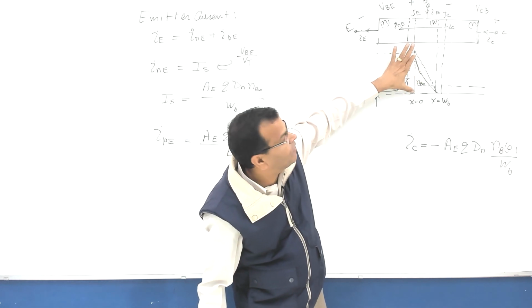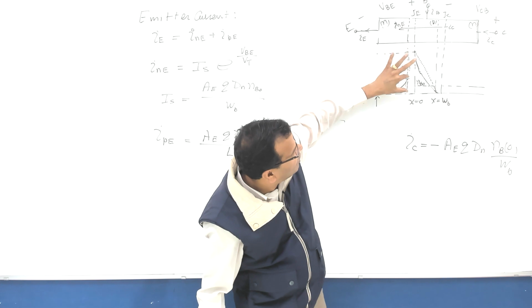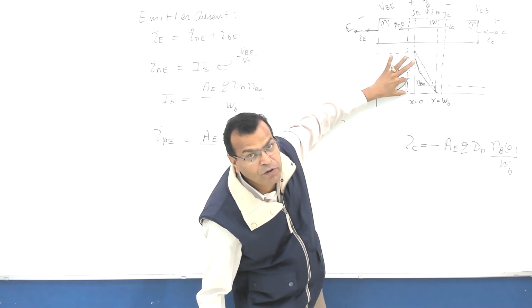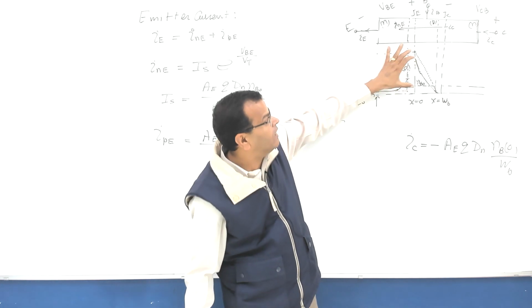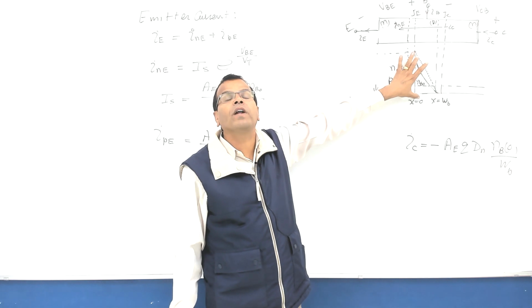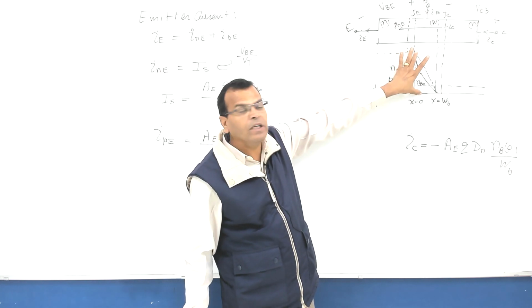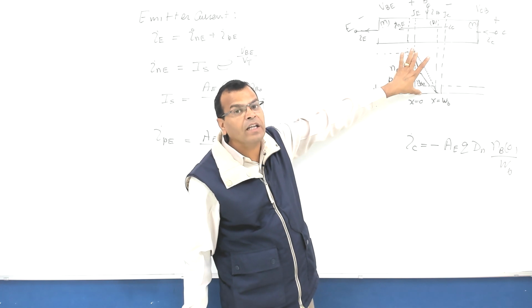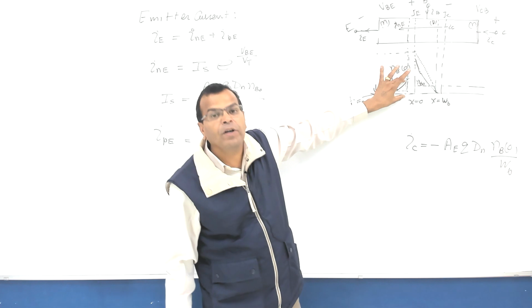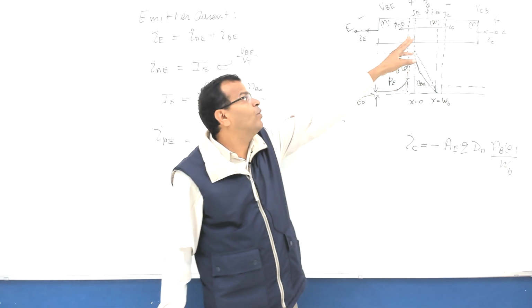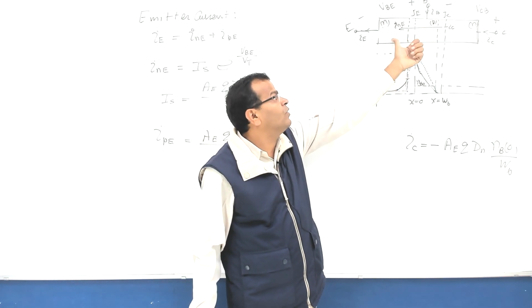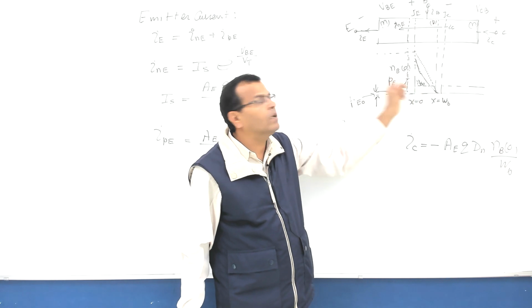So one component of current at this point is this, the second component is this. This is because of injection of holes from base to emitter side. This is because of injection of electrons from emitter to base side. I have already obtained the expression of this component of current, that is IEN. I need to find the component of current because of injection of holes from the base side to the emitter side, and that will give me the current.